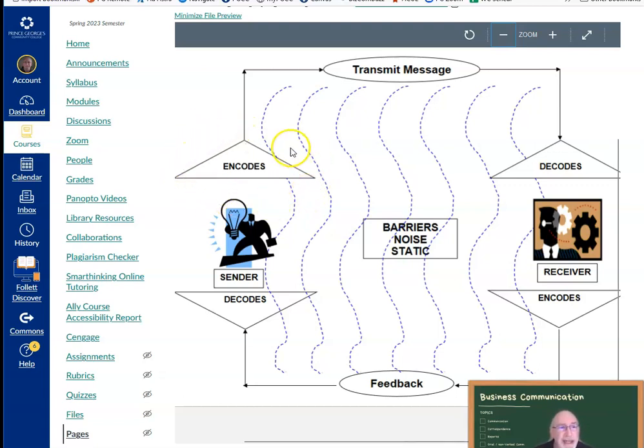The sender then encodes that idea. That is, the sender takes their idea and turns it into symbols. If the message is going to be verbal, either spoken or written, those symbols are words. If nonverbal, those symbols are gestures, such as waving the hand.